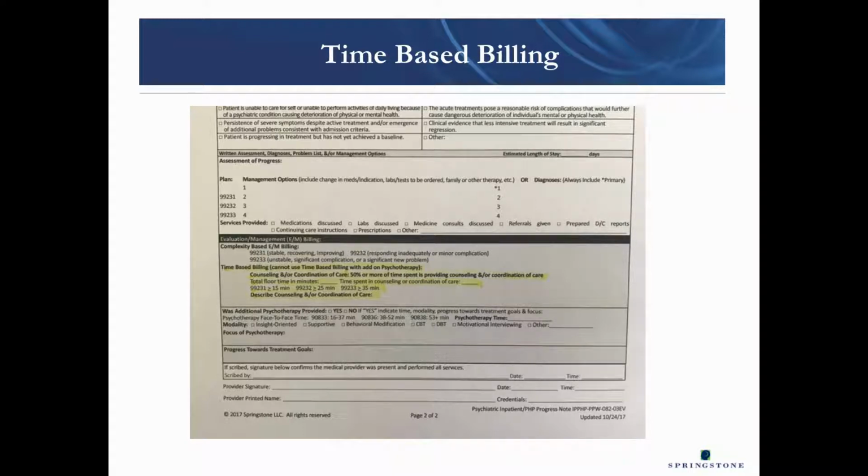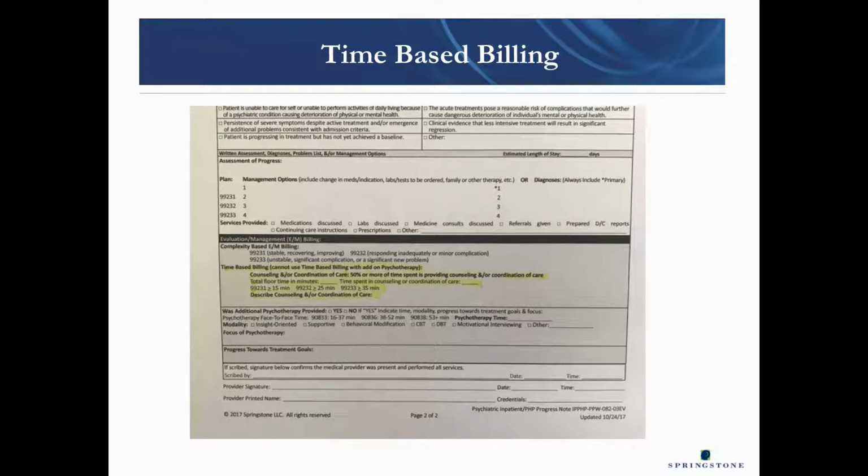If the time minimally is 38 minutes, you can bill the 36, and if the time is at least 53 minutes of psychotherapy in addition to the E&M time, then you can bill 90838. So you choose one of those, then you put the actual time. So if it was 20 minutes, then you'd bill the 90833, but you'd put psychotherapy time 20 minutes.